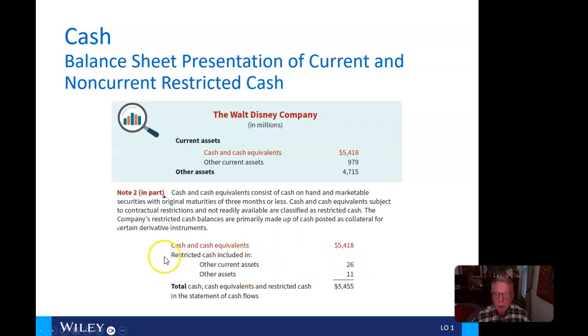We have restricted cash is included in our other current assets and other assets. And so our total cash, cash equivalents, and restricted cash are 54.55. But we are going to show 54.18 in our current asset reporting on the balance sheet.